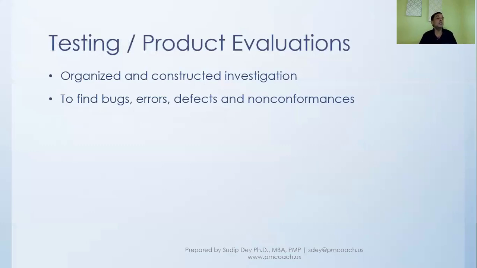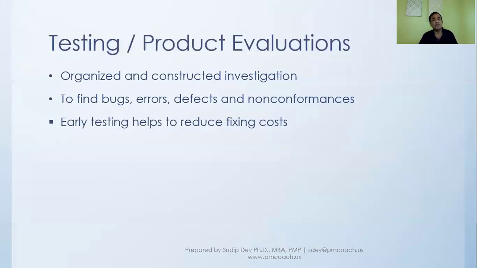In many cases, it might be destructive. We actually take it to the extreme, especially when they come up with a new car model, they take it through a lot of destructive testing to ensure that all the safety measures and different features go through a rigorous testing process.